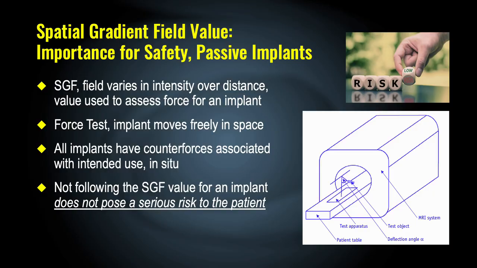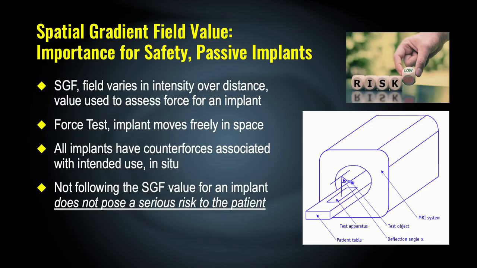What is often unappreciated by MRI healthcare professionals is that the spatial gradient field value assigned to an implant is not an absolute safety threshold. This is especially the case when one considers the previously mentioned counterforces that serve to effectively maintain the implant in place within the patient. And be aware that implants made from ferromagnetic materials that inherently exhibited high spatial gradient field values during testing were nevertheless approved to be labeled MR conditional by the U.S. Food and Drug Administration and other regulatory bodies.